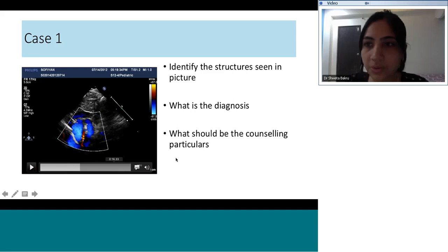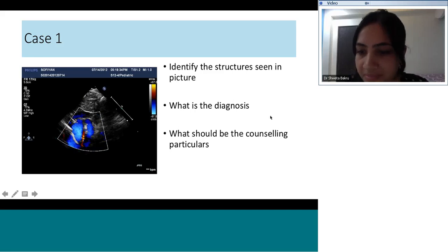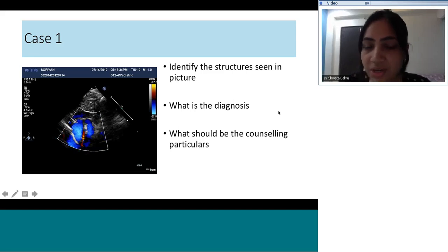Please identify the structure seen in the video. You want me to continuously play it, or is this picture okay for identification?